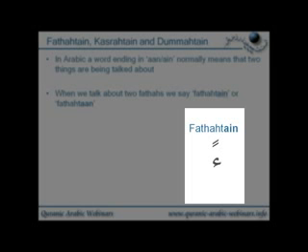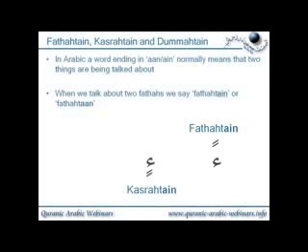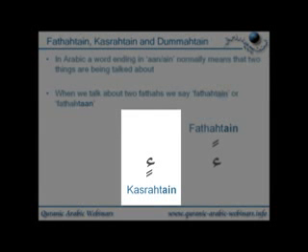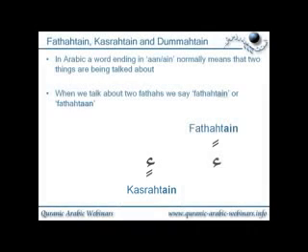So here we have the hamza with fathahtain. Then we have the kasrahtain, so two kasras, and this could be called kasrahtain as well. Most people will call it kasrahtain.